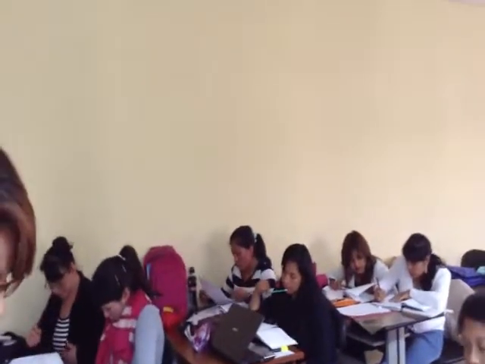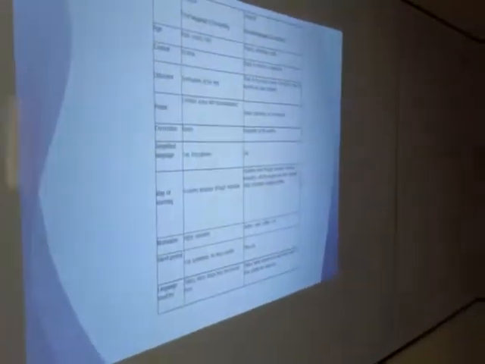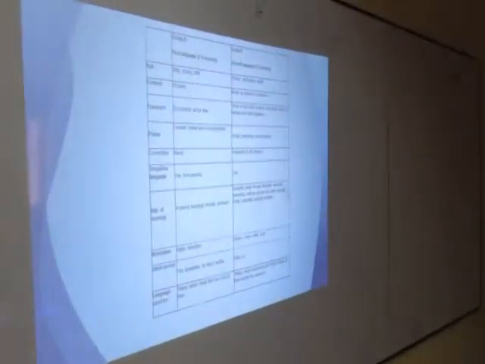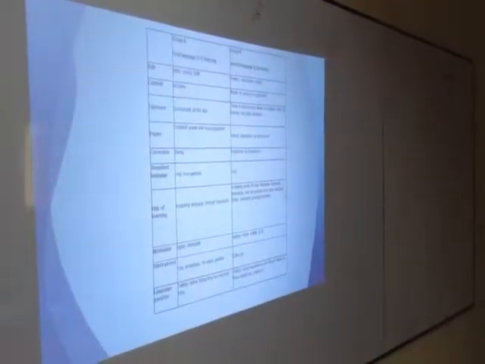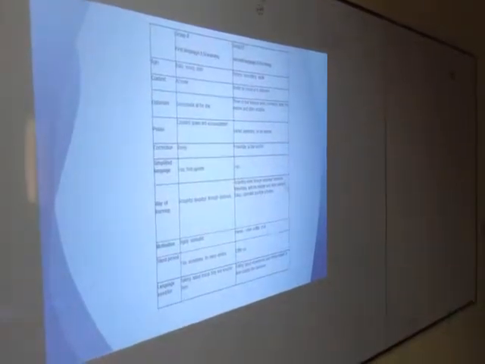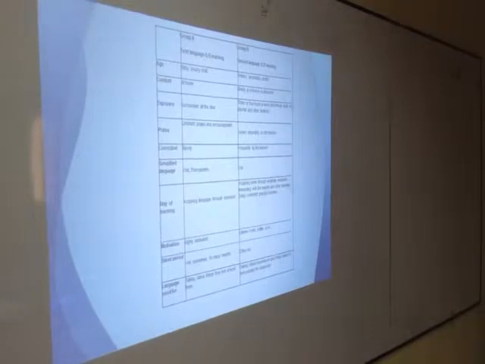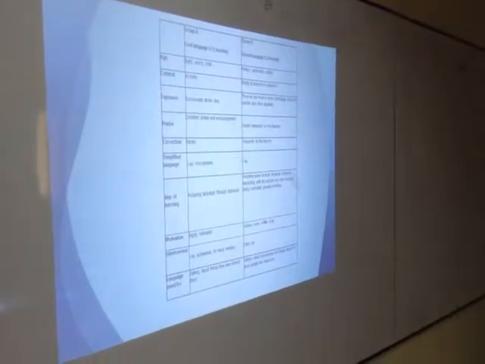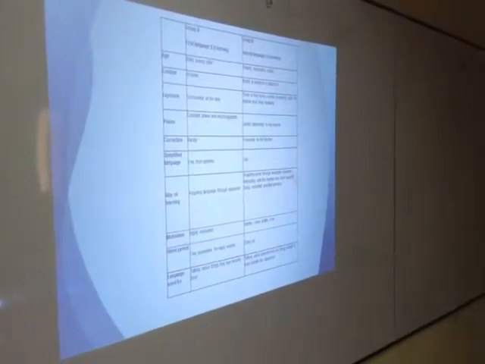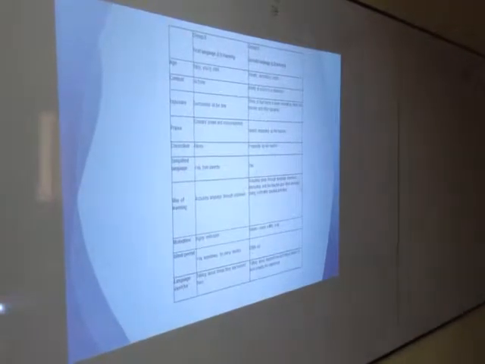Okay, so here we have the answers for the chart. In age, L1 is baby, young, and child, while the age for L2 is primary, secondary, and adults. The context is at home for one and in school for the other. Exposure is surrounding, and there will be 3 or 4 hours a week.